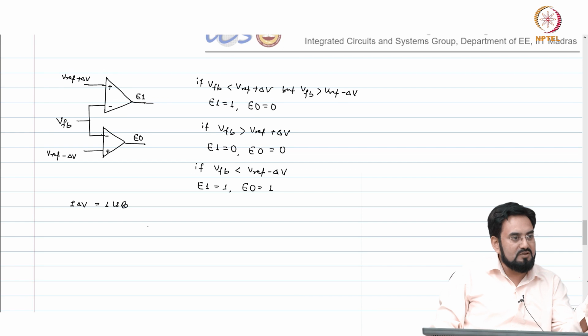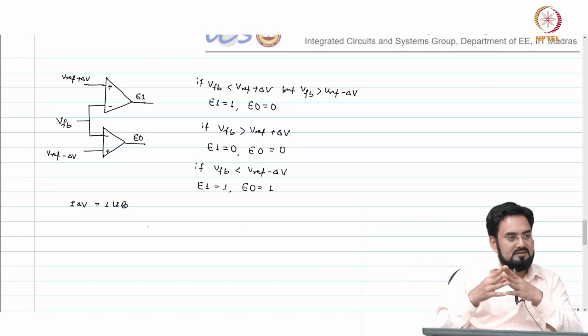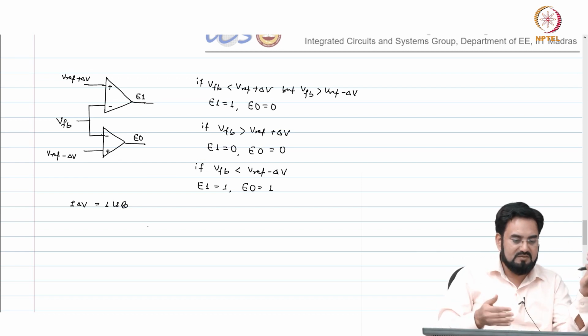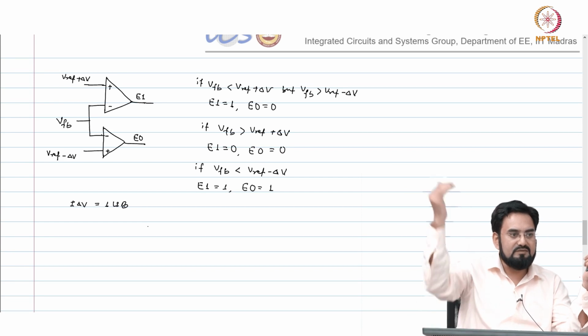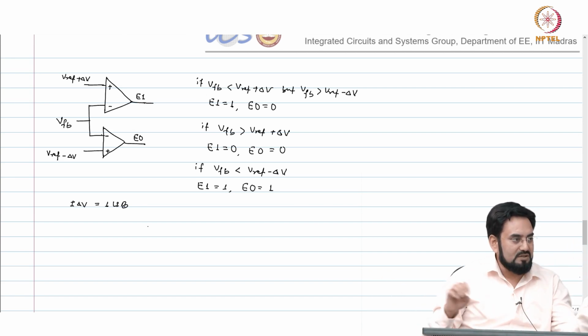When both are 0, I treat it as low, so you have to increase the code. The polarity you can decide whatever you want actually. You just have to make sure when both are 0, you increase the code. When both are 1, I have to reduce the code. Correct. And when it is in between, I freeze the code.